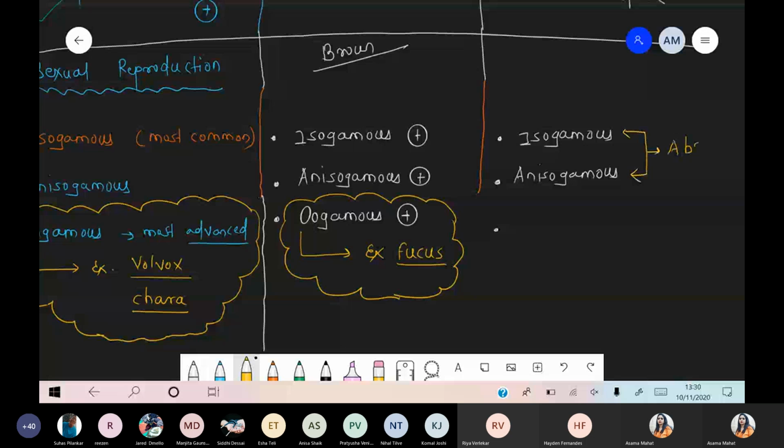Got it? Isogamous as well as anisogamous, both these techniques are totally absent. But only one method is present, that is oogamous sexual mode of reproduction.